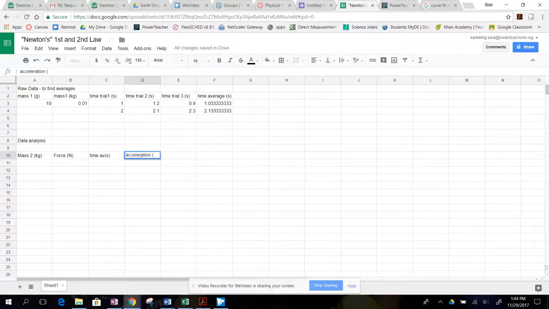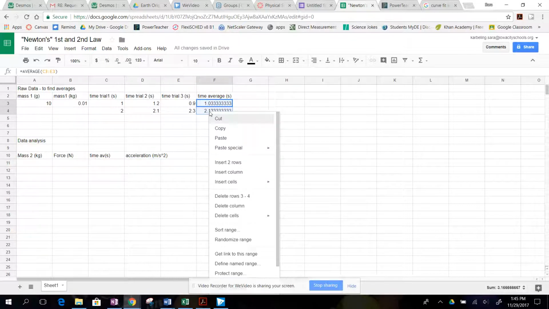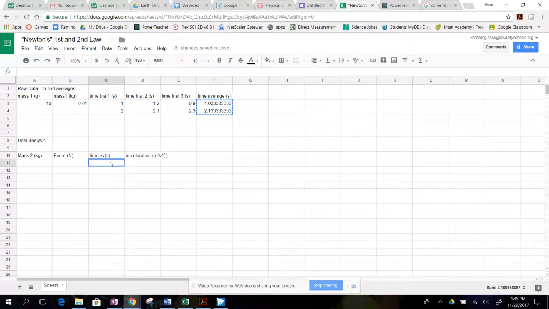What are the units of our acceleration going to be? Meters per second. I'm just going to use caret 2 because I think that's the easiest way to do that. I think I'm going to try this real quick. Copy. Paste. Nope, that didn't work. Let's see. I didn't try this before.